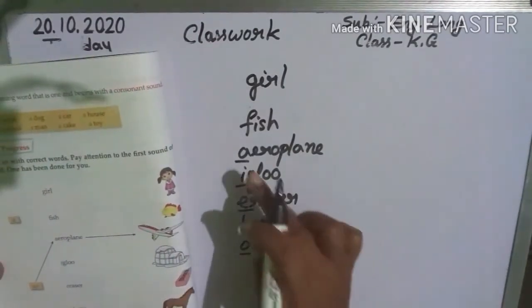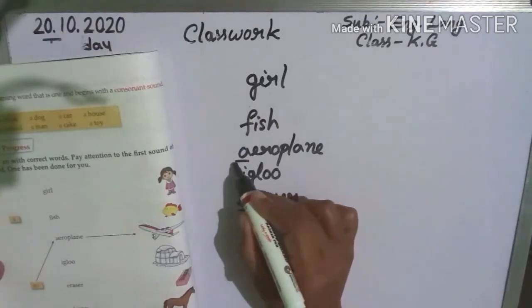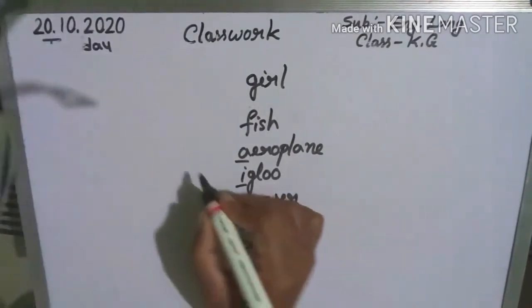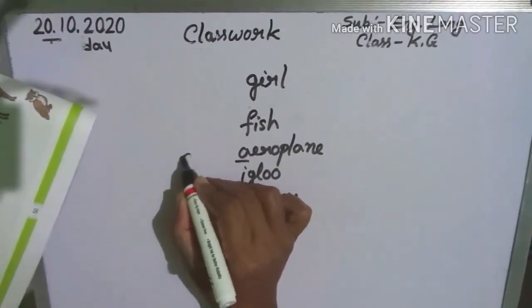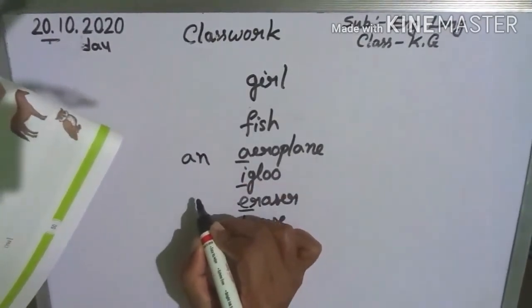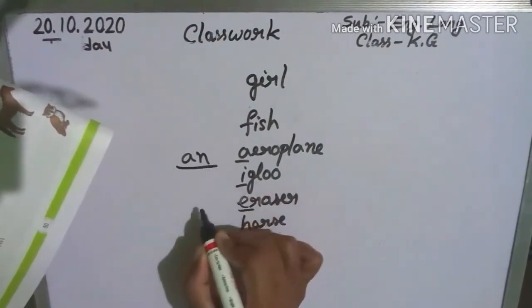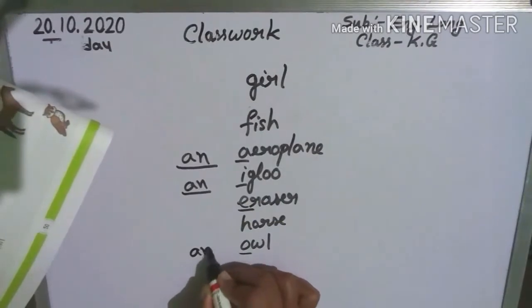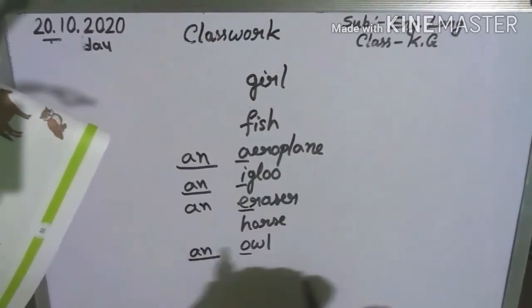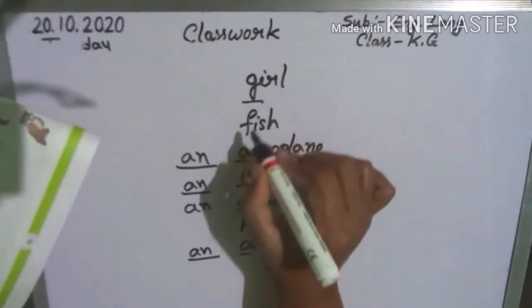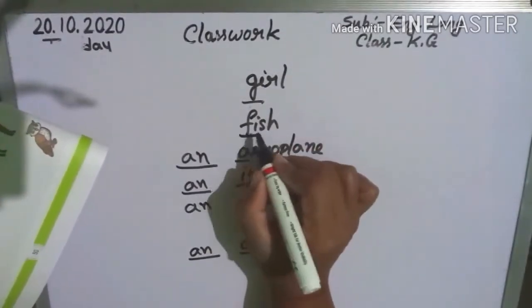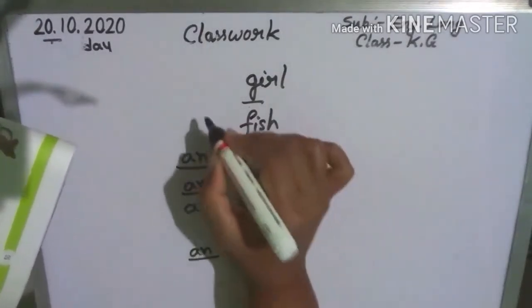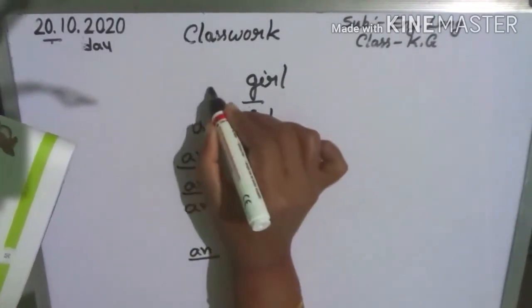So A, I find it and underline. A, E, I, O. So you write an. Okay, an. And consonant G, girl, consonant F, fish, consonant H, consonant sound. So you write here A.